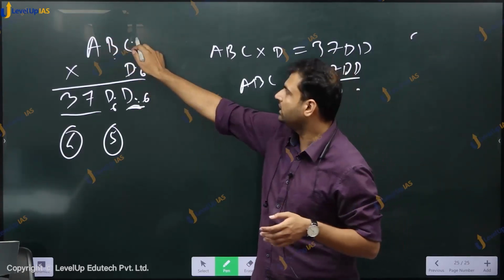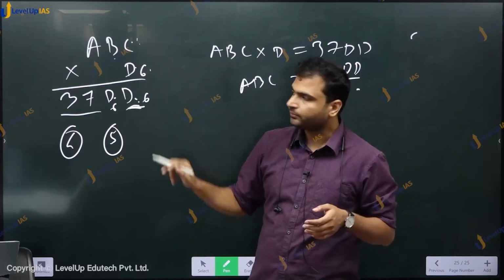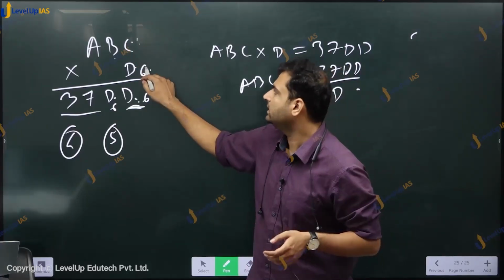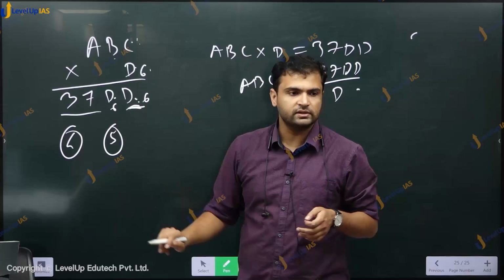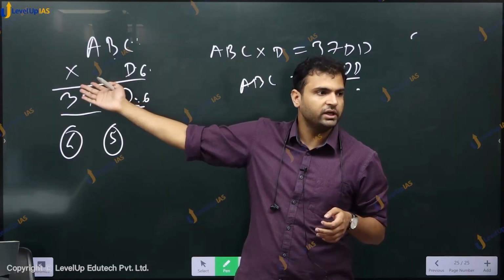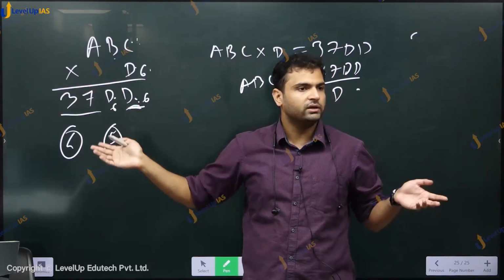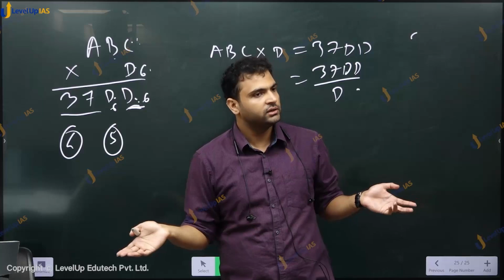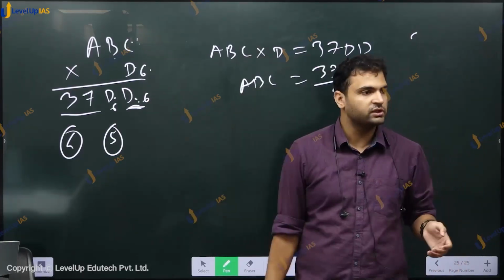So only possibility is 6 1s are 6, then 6 into B is again 6. So no value is remaining for B now. So B cannot be 1 and B cannot be 6. So 6 is not possible.